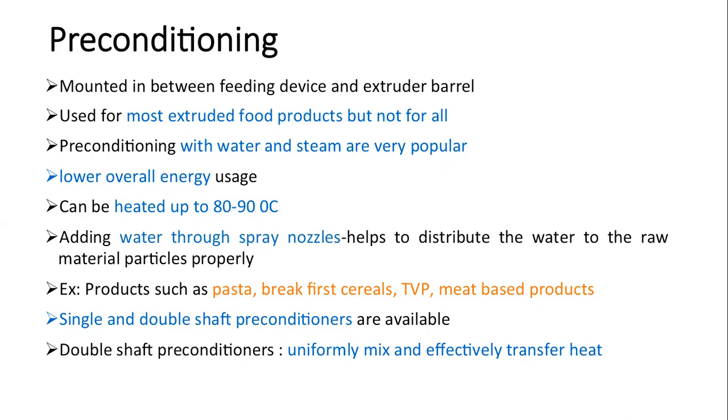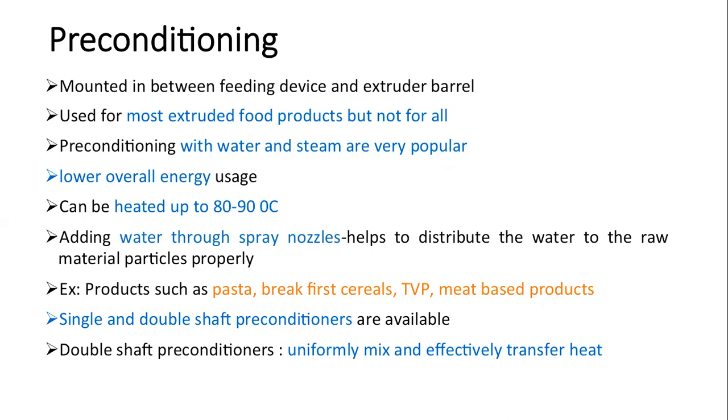Different types of processes are there to complete before extrusion. Here you can see the temperature. Basically, we use 80 to 90 degrees Celsius here, Celsius, not 900, right? And some examples are pasta manufacturing and breakfast cereal manufacturing, where we need a good preconditioning system.